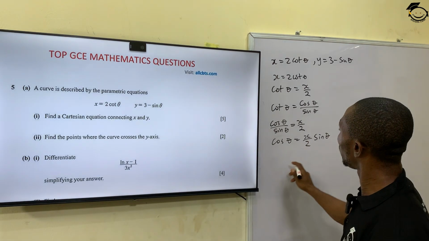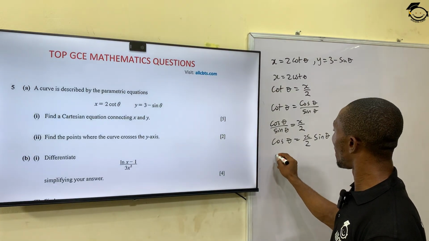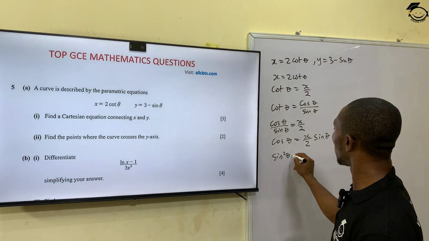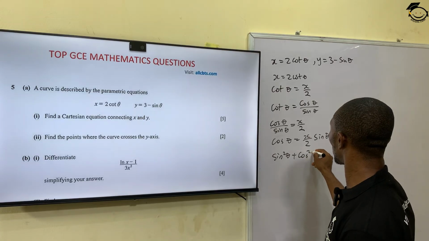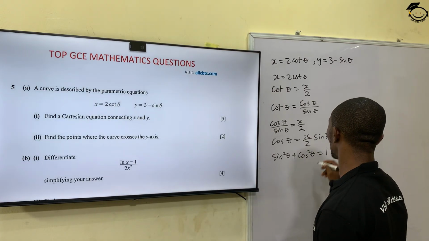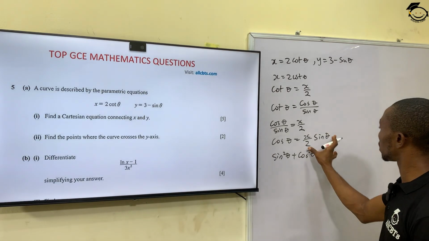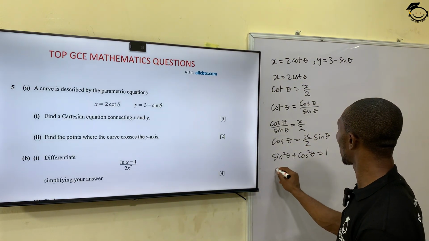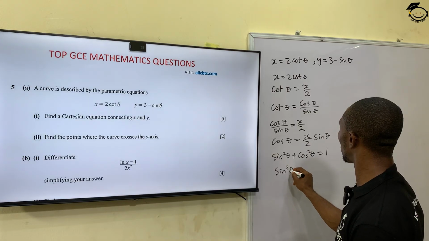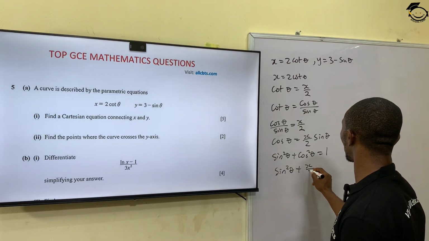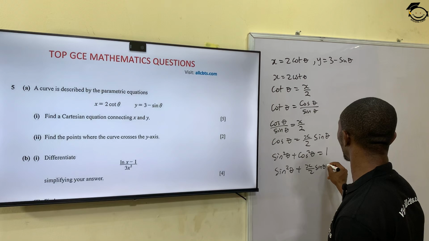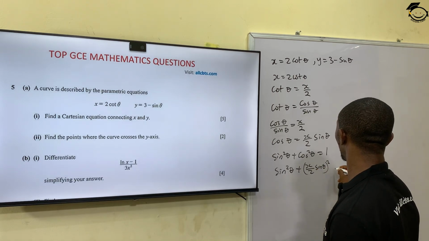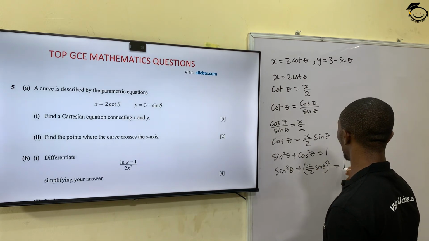Okay, from here we know that sine squared theta plus cos squared theta equals 1. Okay, replacing this for this becomes sine squared theta plus x over 2 sine theta squared equals 1.